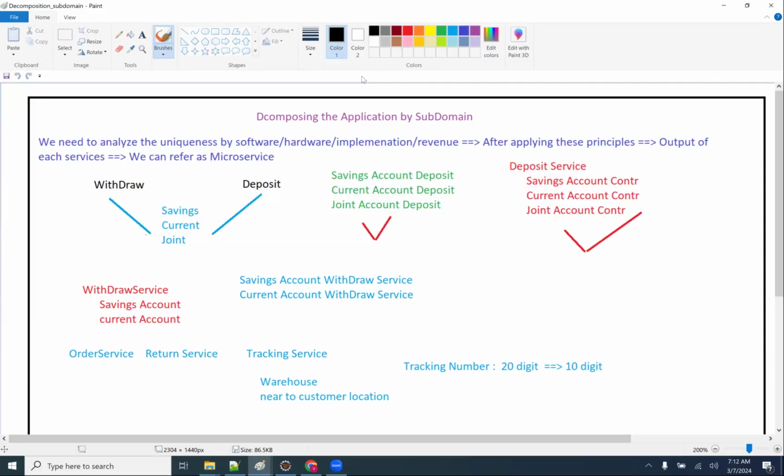If I have a problem with tracking service, I can continue with order service, right? So this is what I explained in yesterday's class, and I hope everyone got clarity. Decomposing by business capability, decomposing by subdomain. Understand? Before I proceed further, does anyone have any questions as of now?